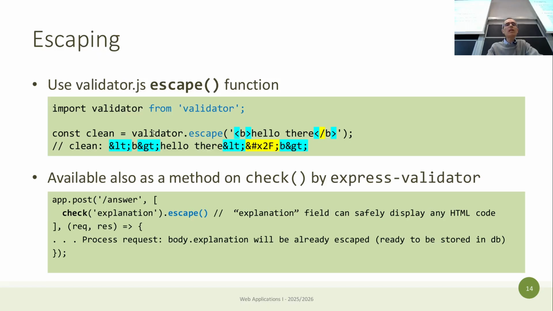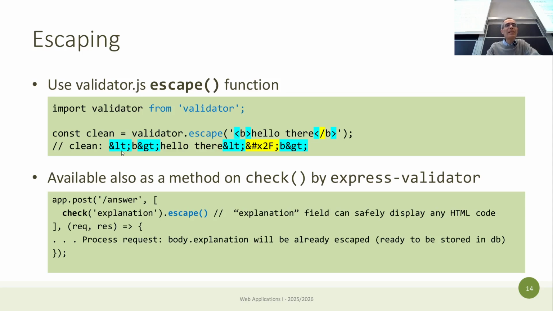And the good thing is that if you use this function, you are escaping the string, then you can be sure that when you show it, it doesn't get executed as code, but it's just shown as if it was just text to be shown, okay?